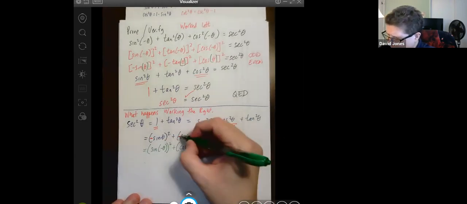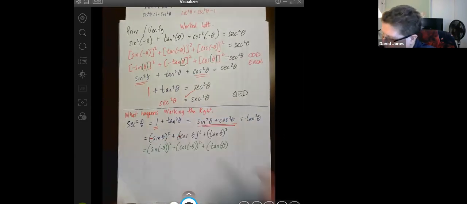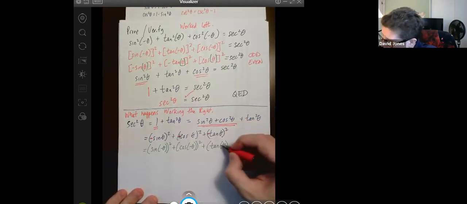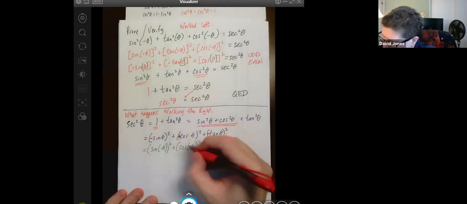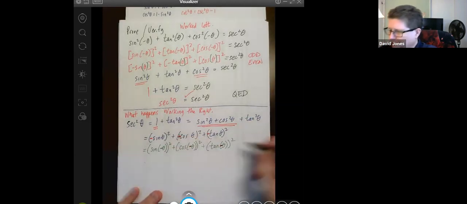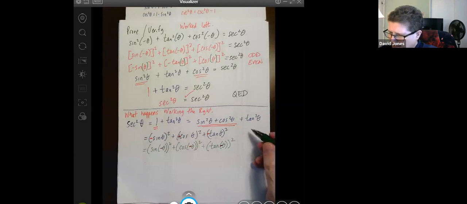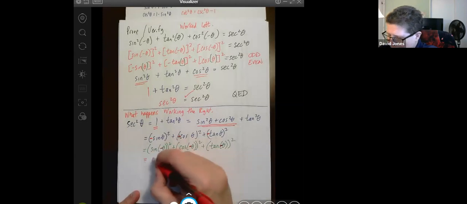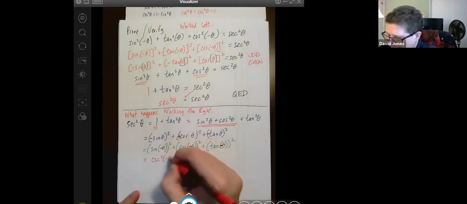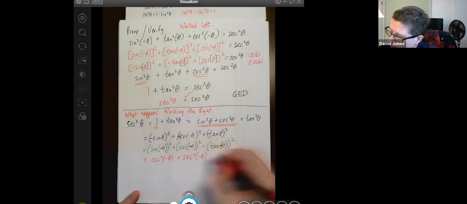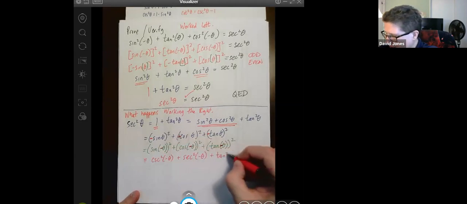Oh, not that one. This one needs to be a negative. So we got a negative, negative, negative, negative on the inside. And finally, I end up with cosecant squared negative theta plus secant squared negative theta plus tangent squared negative theta.